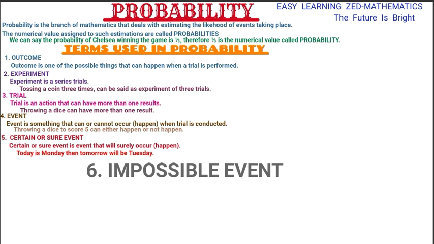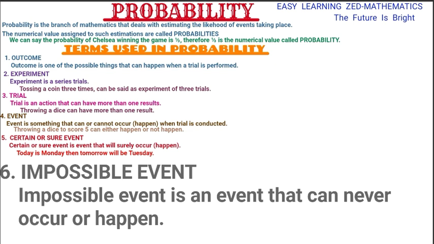Impossible event. Viewers, I want you also to define this one. What is an impossible event? An impossible event is an event that can never occur or happen. This one, you just say it cannot happen, no matter what. It can never happen.